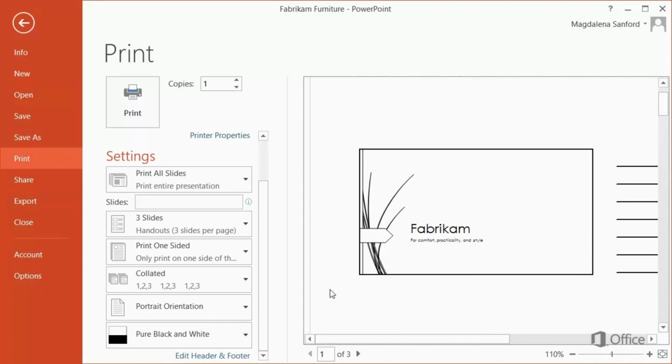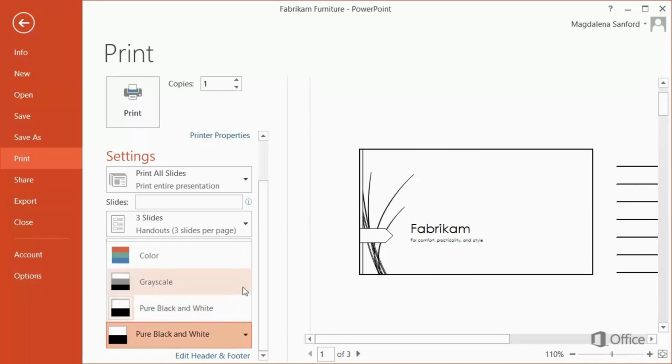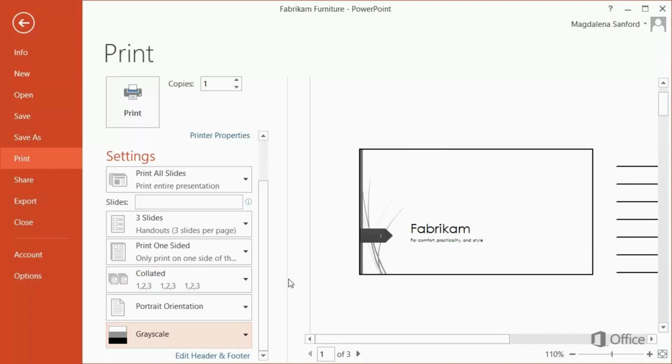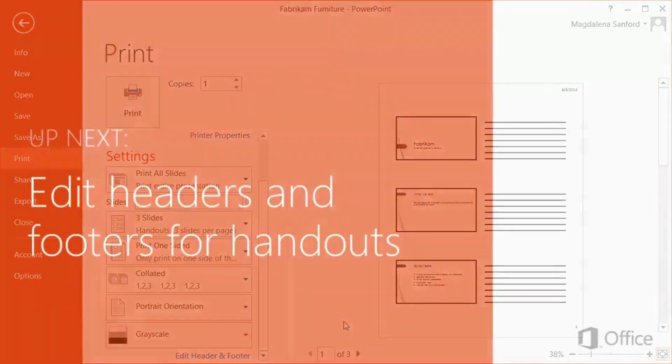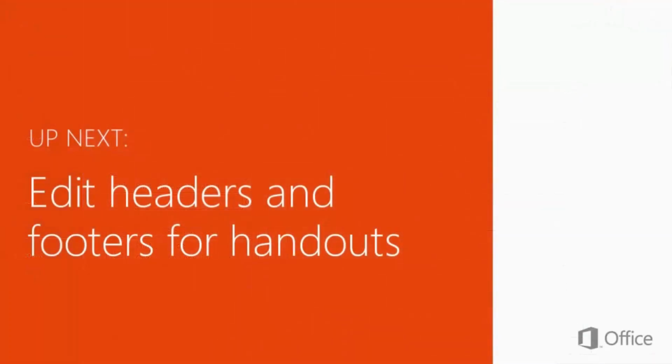For these handouts, though, I like grayscale better because it shows the slide numbers. So I've picked a layout, page orientation, and color setting for the handout. Up next, before we print, we'll edit the headers and footers.